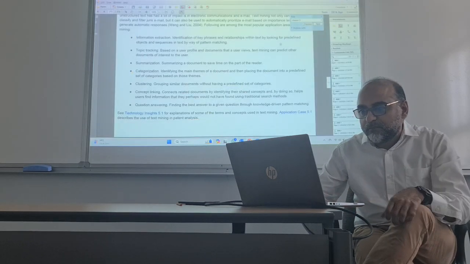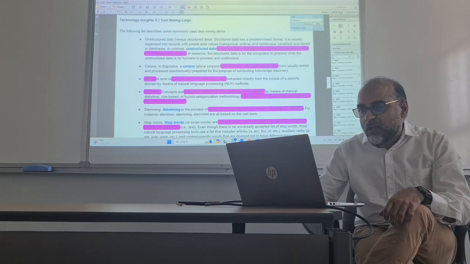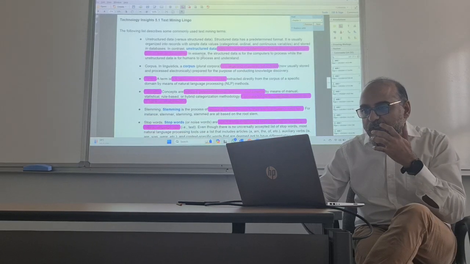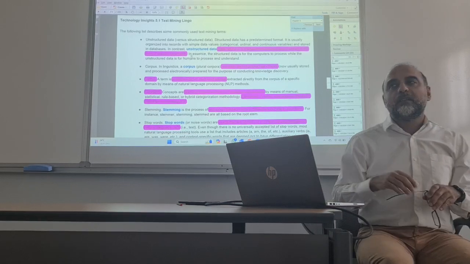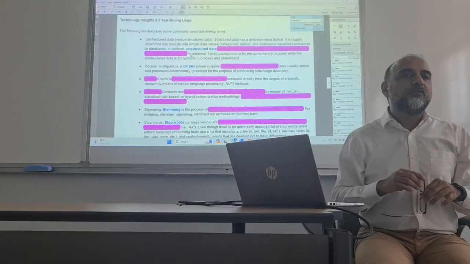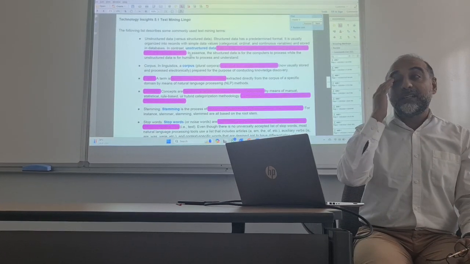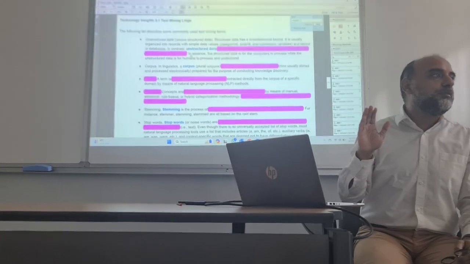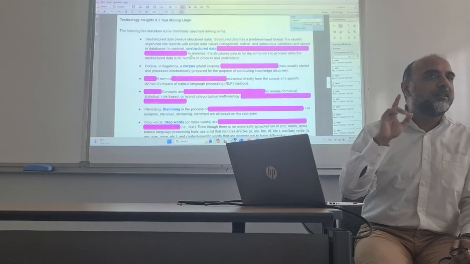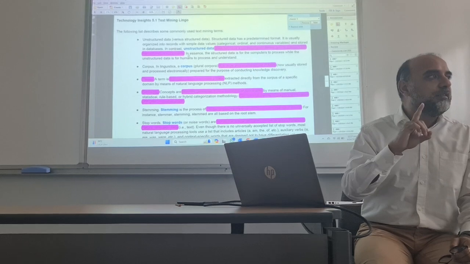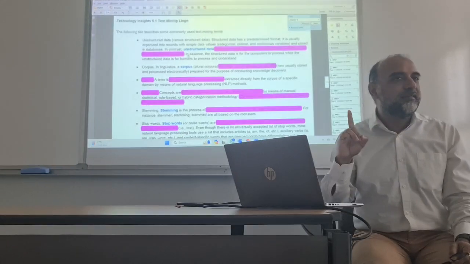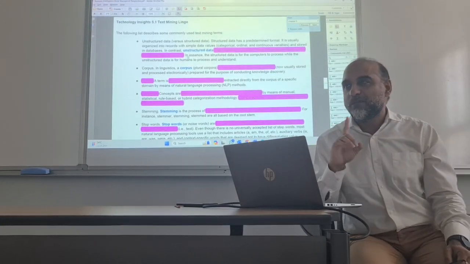Let's start with something called unstructured data. Unstructured data does not have any predetermined format and is stored in the form of text. Meaning that if you go to an Excel file and say dates, do you believe that date has structure? It must have date, month, year, right? And it must follow a certain format.